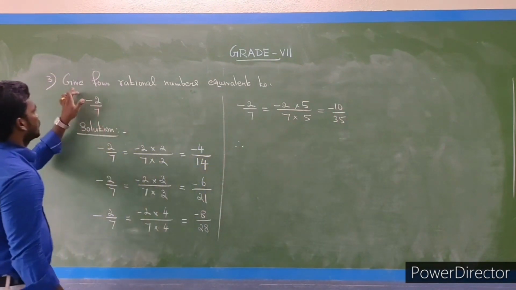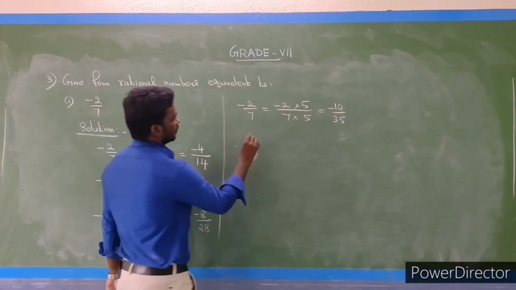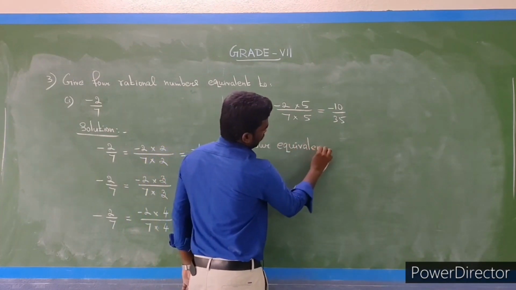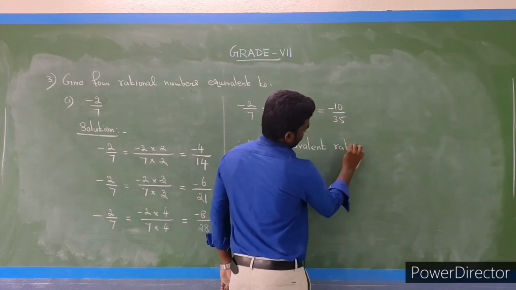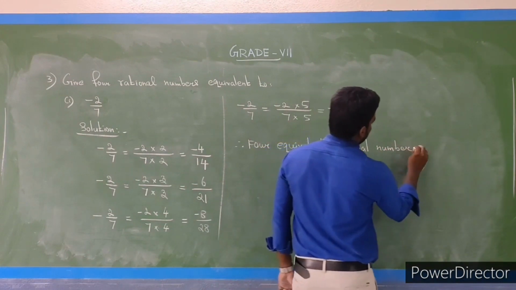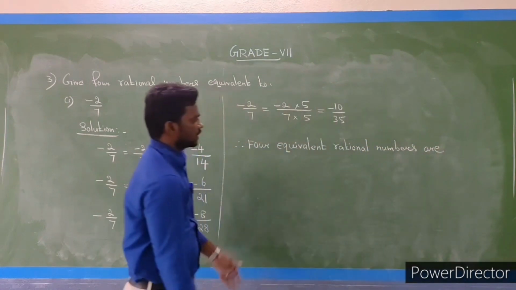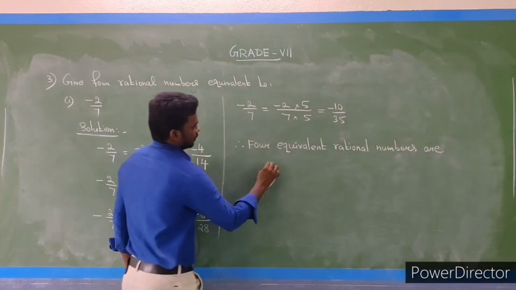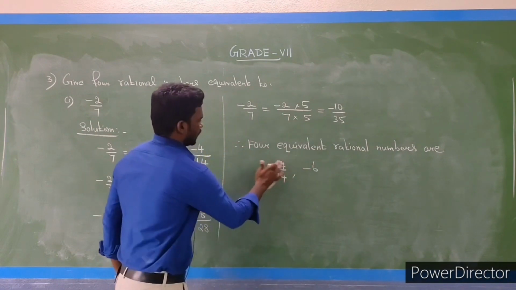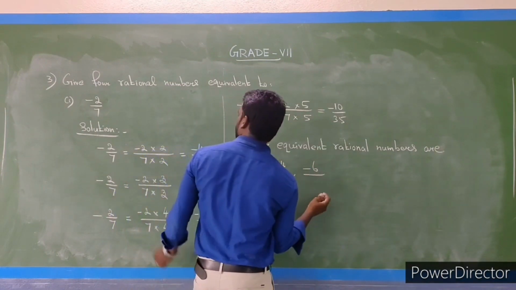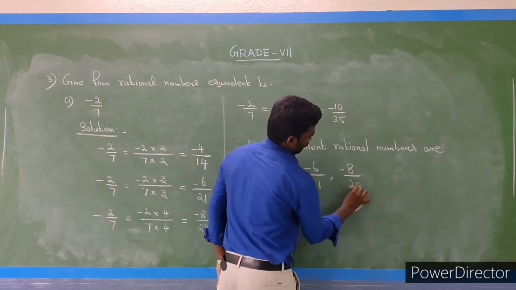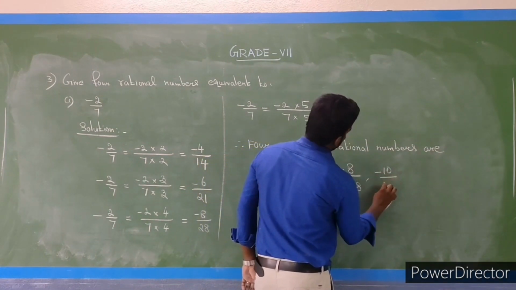Therefore, the 4 equivalent rational numbers are minus 4 by 14, minus 6 by 21, minus 8 by 28, minus 10 by 35.